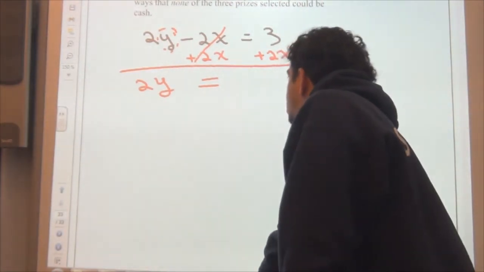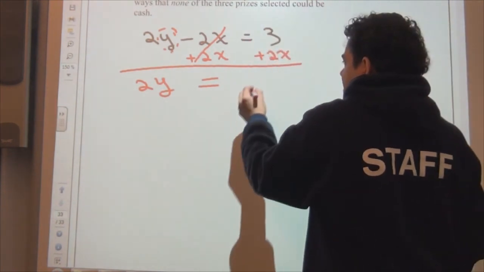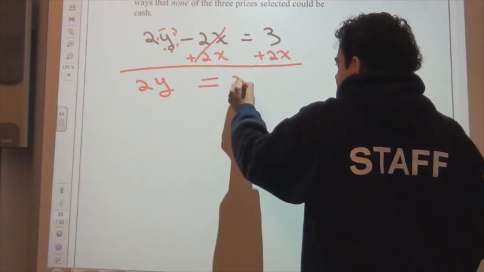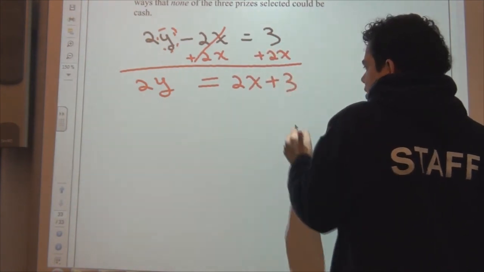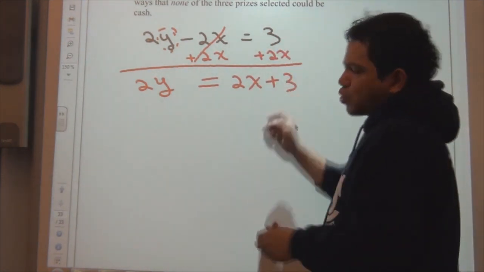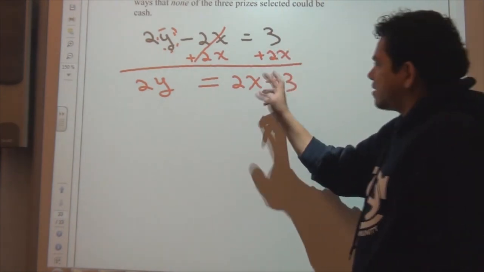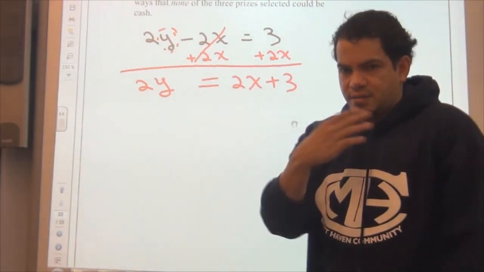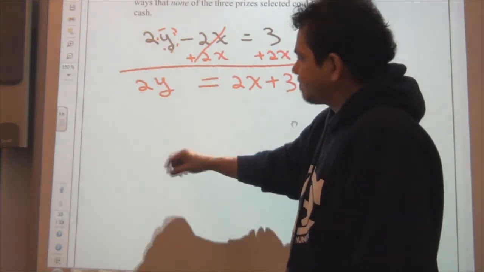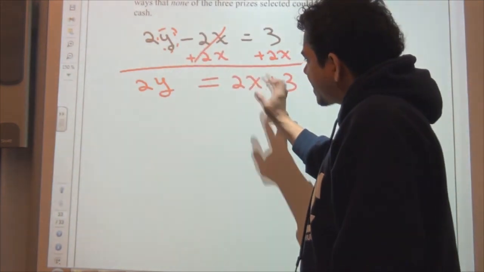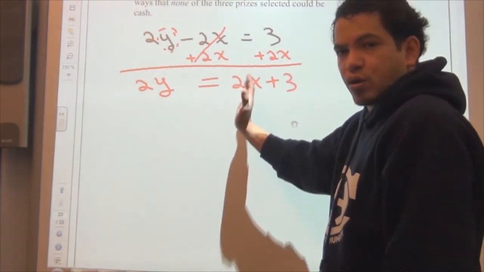So 3 plus 2x is nothing more than bring down the 2x, and then this is positive, plus 3. Or 3 plus 2x. You could write it either way. But for me, always make sure that the x goes first, okay?